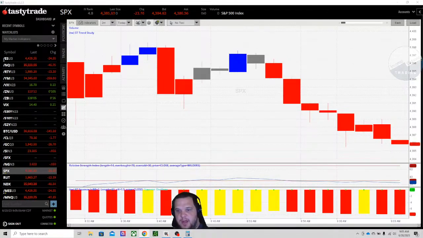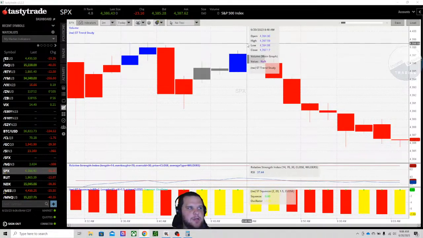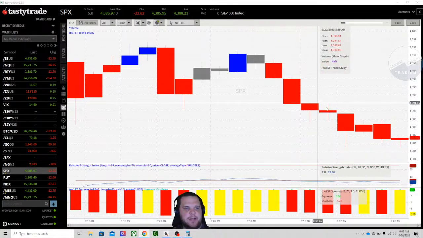Can you explain more how you enter your trades when the day gaps and keeps trending in the direction after the open? So if the market is trending in one direction right away, kind of like it's doing now, let's say the market opened here, and it just was a straight shot down.